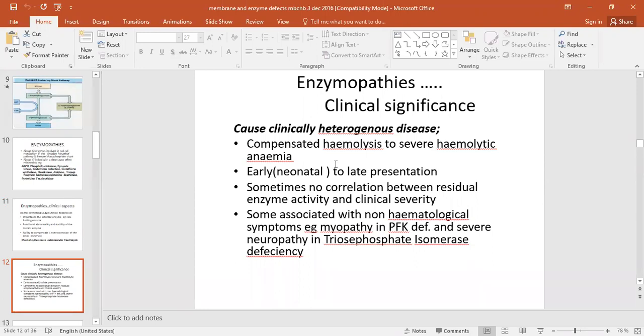The other one is that some of these clinical pathologies can manifest as early as the neonatal stage, while others tend to present late, because you need a predisposing factor for them to manifest. They have taken something that then causes hemolysis in these patients. Sometimes you might find an enzymopathy that has no clinical correlation between that deficiency and the clinical severity.